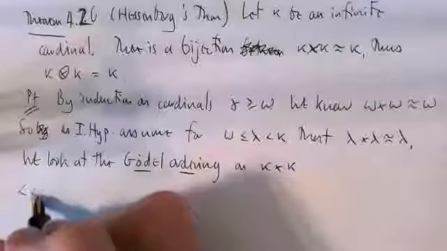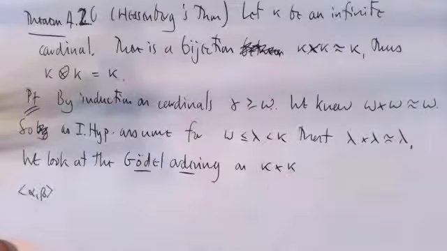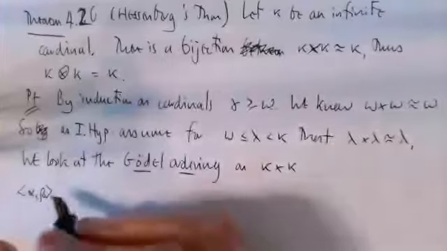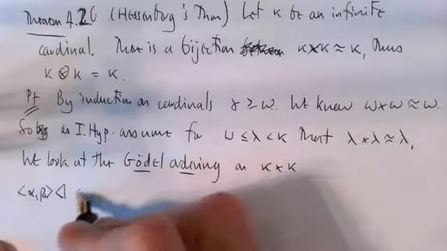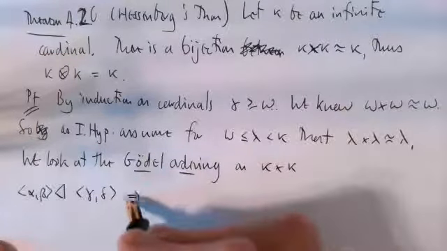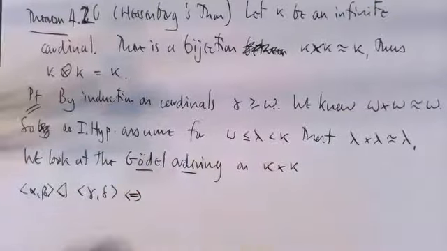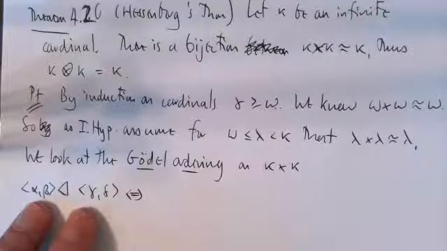Elements here are ordered pairs. So we're going to have alpha beta, and I'll call it the triangle order here. This is going to be less than gamma delta if and only if we order them first by maximum size.